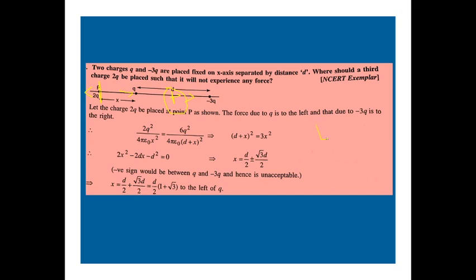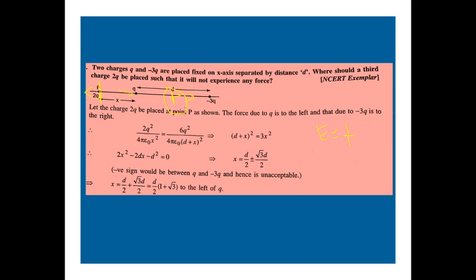The electric field is E equal to 1 divided by 4 pi epsilon naught, into the charge, divided by r square, where r is the distance. Here the electric field at P due to charge 2q is 2q divided by 4 pi epsilon naught x square.